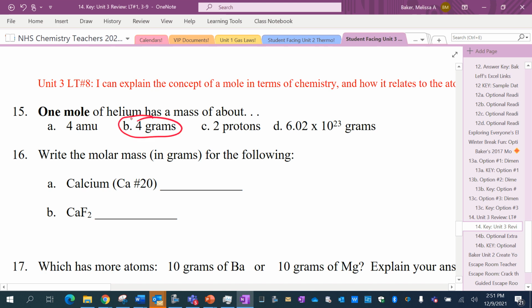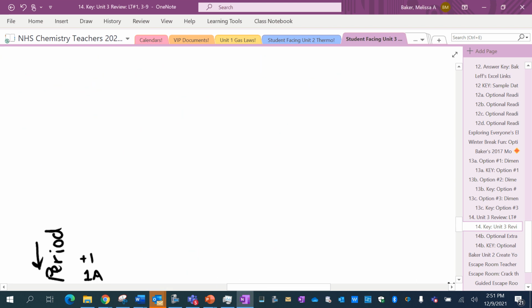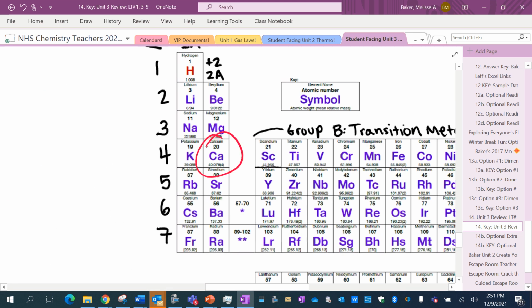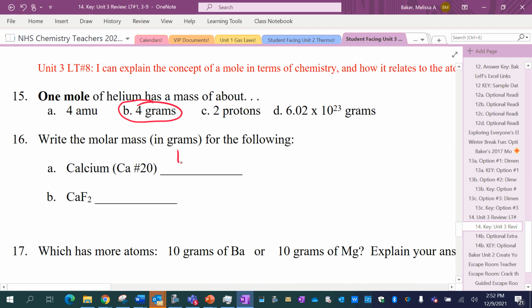Write in the molar mass in grams for the following. Calcium is 40.078 grams per mole. And what would CaF2 be?